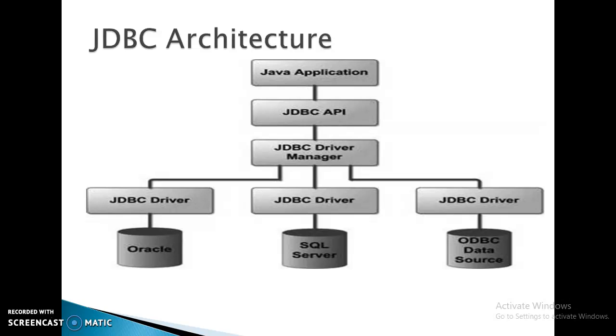The driver is certified by the RTO, by license. The same thing here. The driver helps to drive the vehicle, and the driver manager gives the permission to the driver. Then only the student, or here the data from the Java application side, will pass through this RTO, that is the driver manager, through the driver, then reach the destination, that is a particular database. This is the overall architecture.